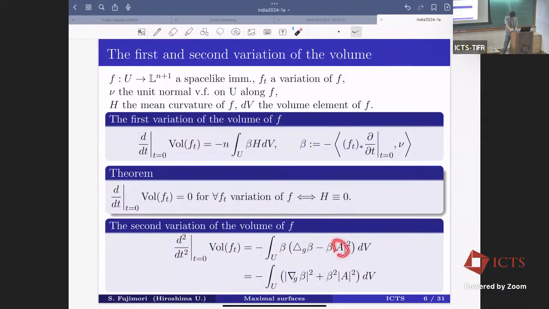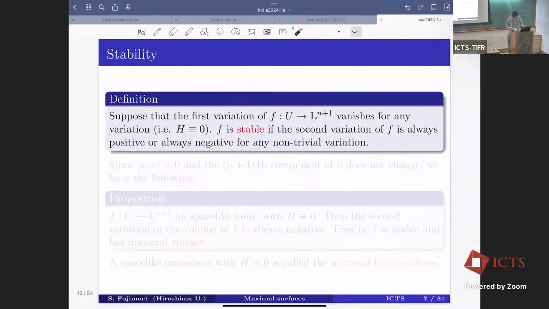And this A is the second fundamental form, so this is the norm of the second fundamental form. And this is also the gradient with respect to G. So we have this formula. This needs long computations, straightforward but extremely long.